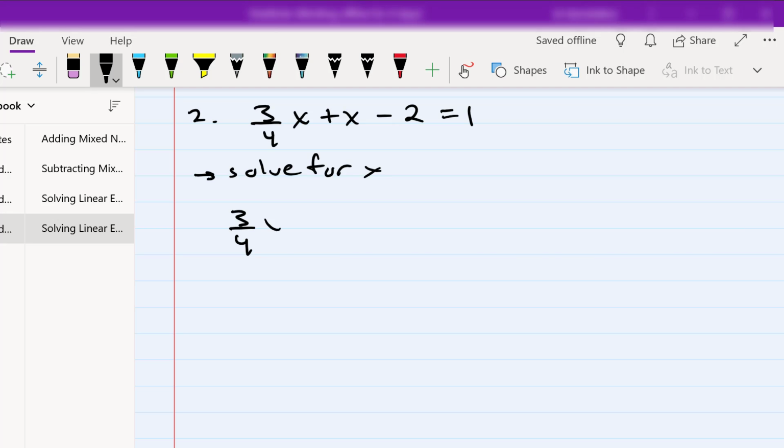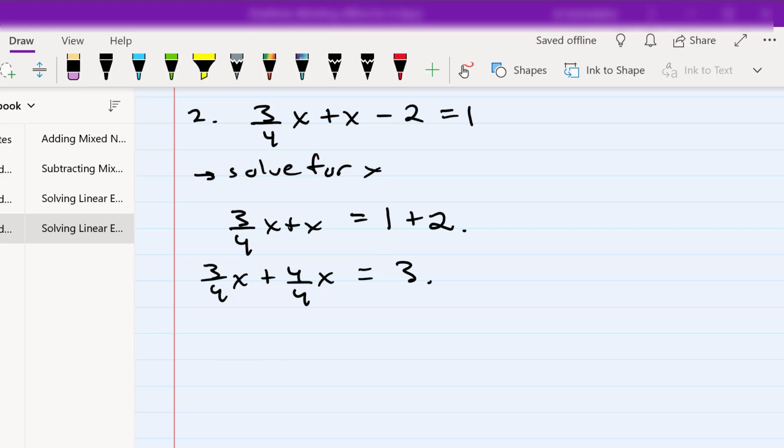So we can have 3/4 x plus x and move the minus 2 to the right side. When we move the minus 2 to the right side, this becomes a plus 2.